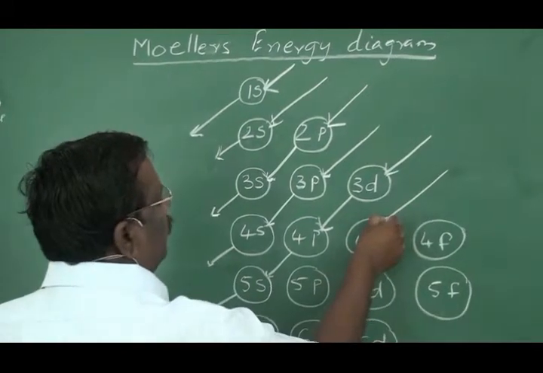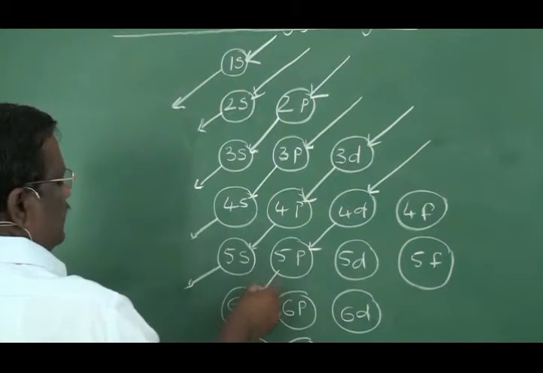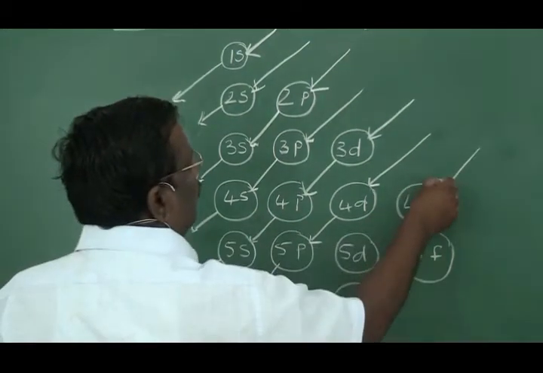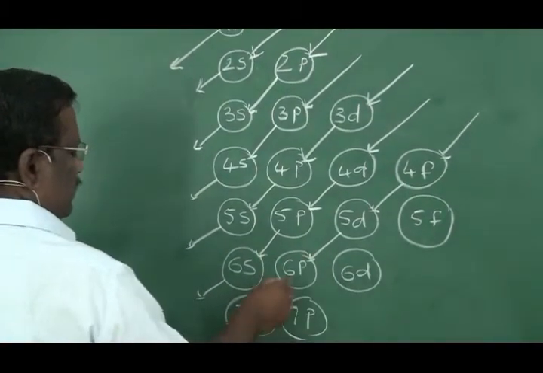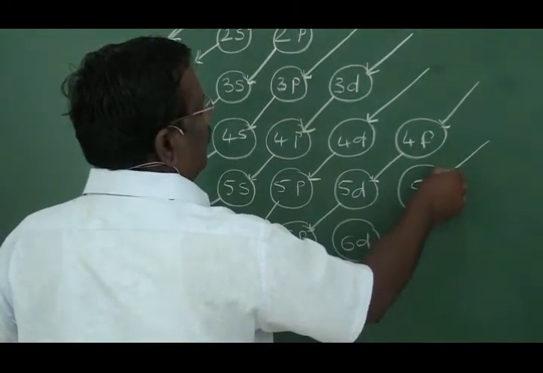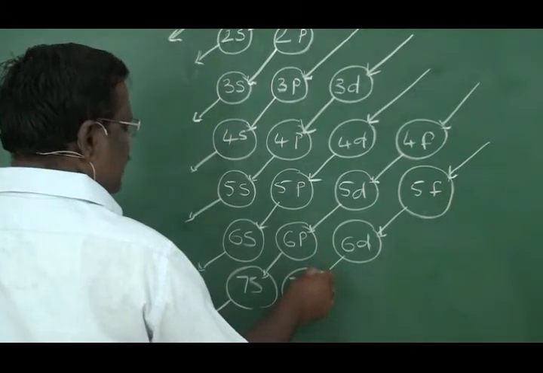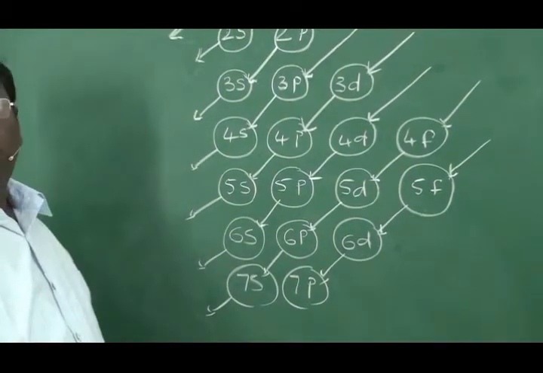Similarly, then 4d, 5p, 6s, then 4f, 5d, 6p, then 7s. After 7s, 5f, then 6d, then 7p. There ends the atoms.